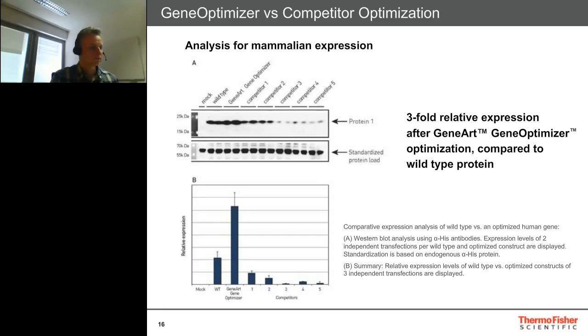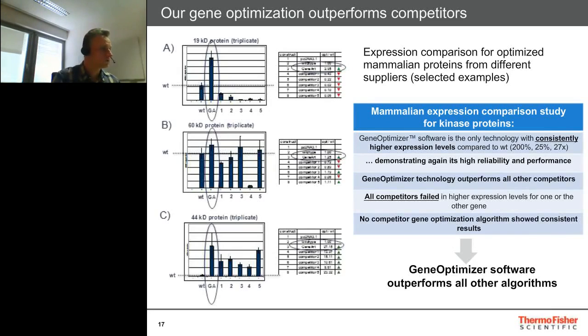On the next slide, there are two more examples, because the first one is the one that I just showed you, and then we have two other examples depicted here.